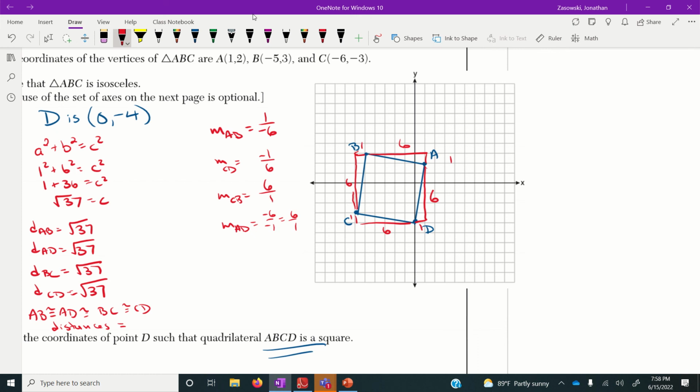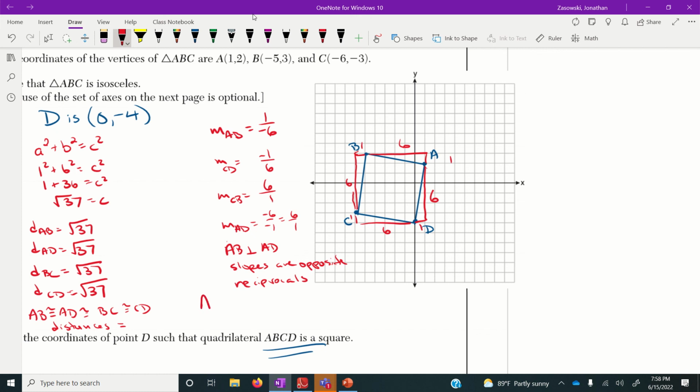Okay, now over here we're going to say that AB is perpendicular to AD. Slopes are opposite reciprocals, or negative reciprocals if you want to say that. And I have enough. Okay?